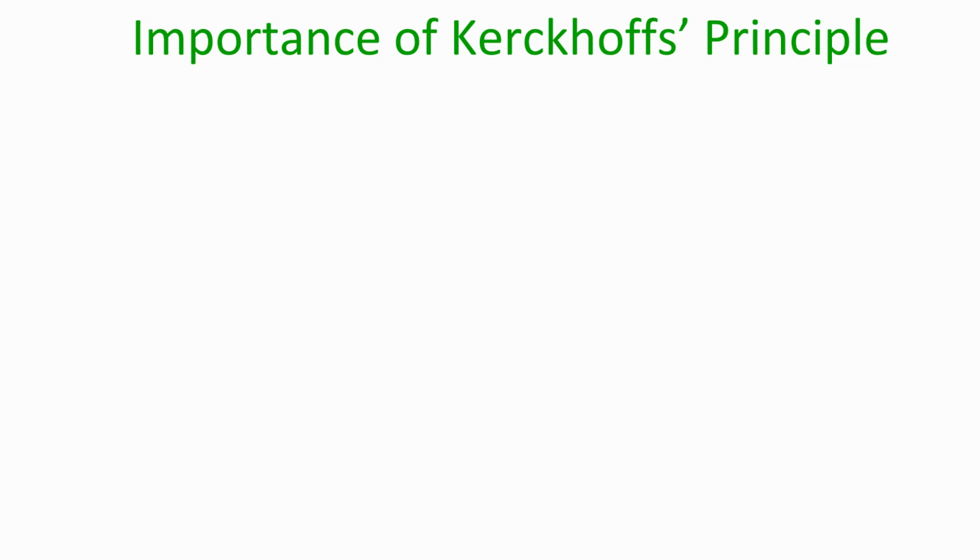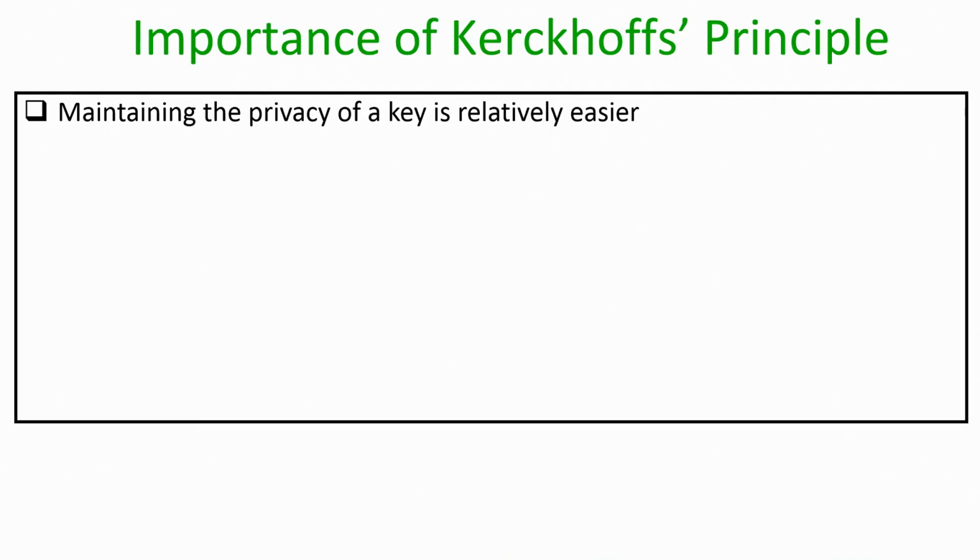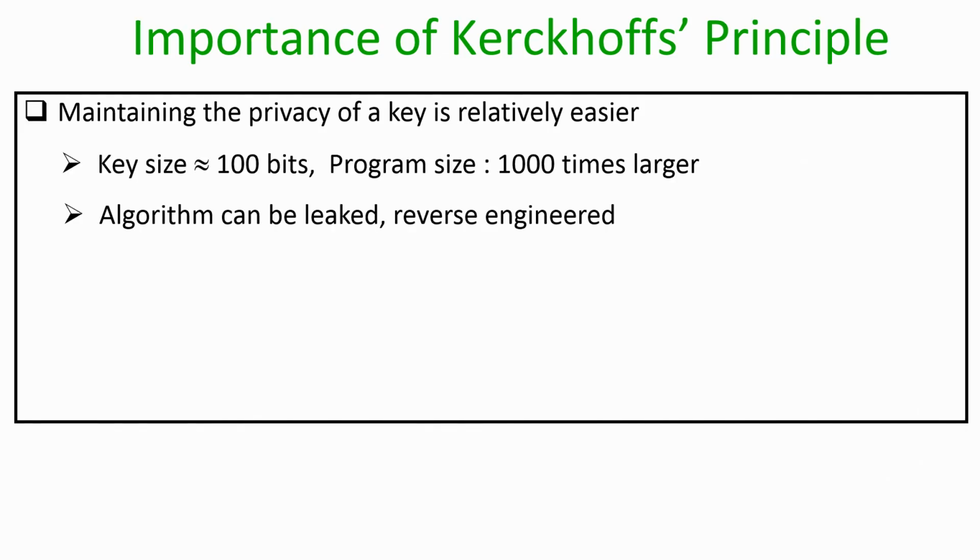Now, what is the importance of Kirchhoff's principle? What are the arguments in favor of it? The first argument is the following: maintaining the privacy of a key is a relatively easier task compared to maintaining the privacy of a pair of algorithms, because keys are roughly of size 100 bits, 200 bits, whereas programs are 1000 times larger than the size of the key.